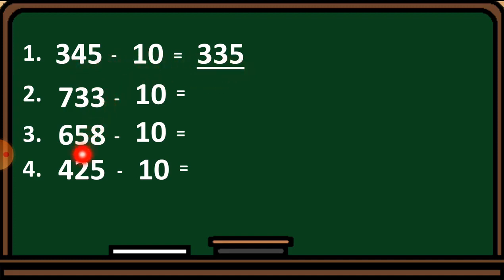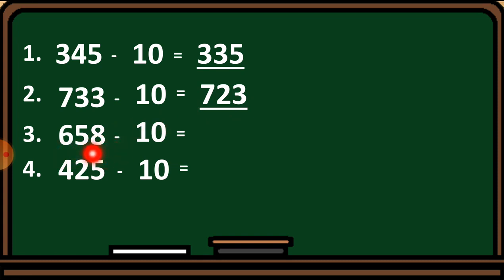Same way we complete this example. Let's see how. Here 733 minus 10. If you cut 10 from this 733, you will get the answer 723. Here in example number 3, 658.